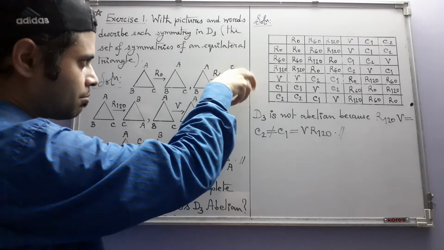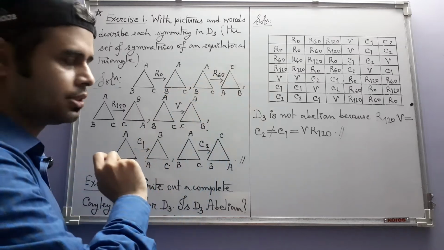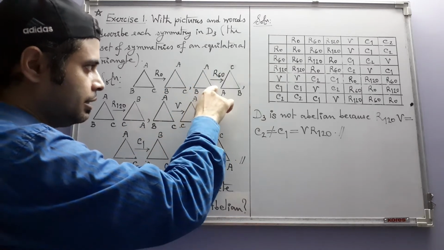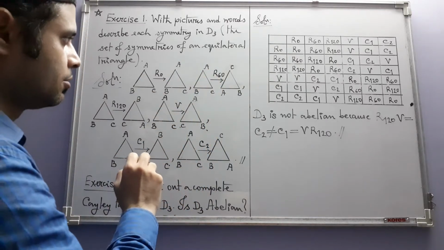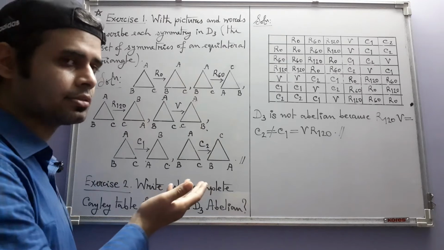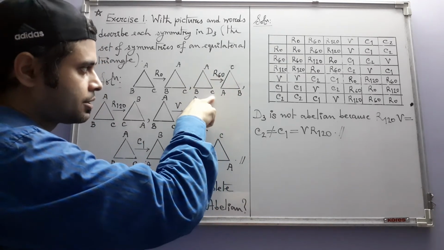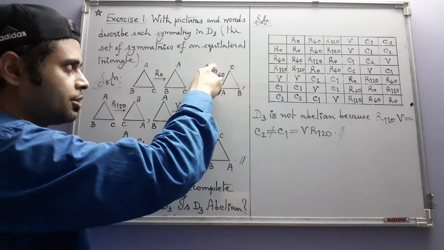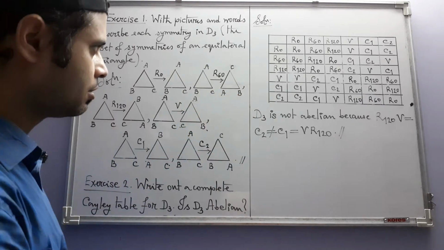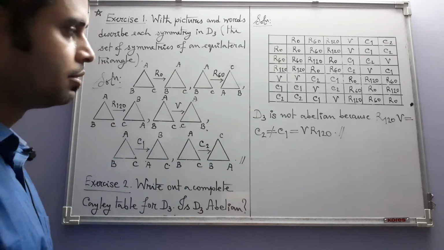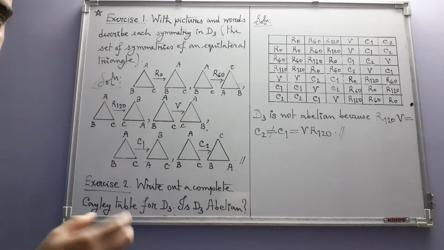So if we perform that rotation, the vertices will change their positions, and each vertex will take the place of another vertex. For example, the vertex C will take the position of vertex A, A will come to B, and B will go to the position of C. So we will get this arrangement of vertices, but the triangle looks the same.